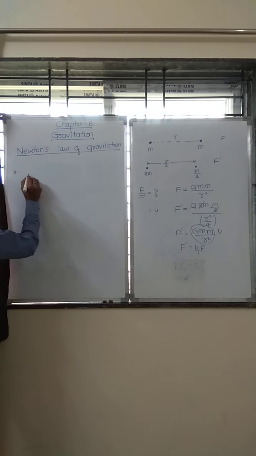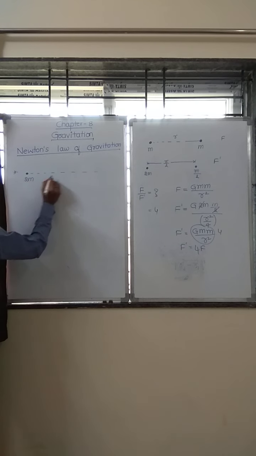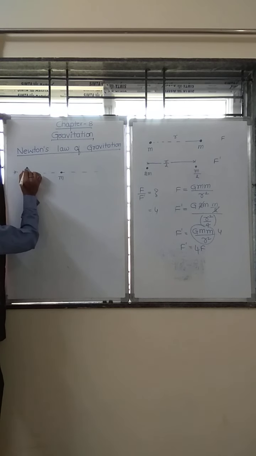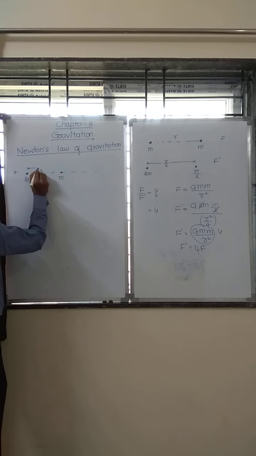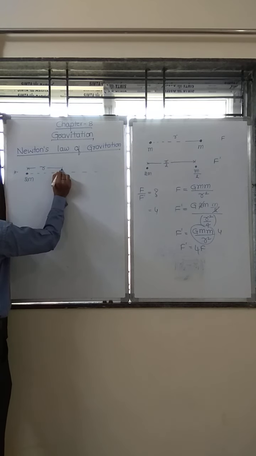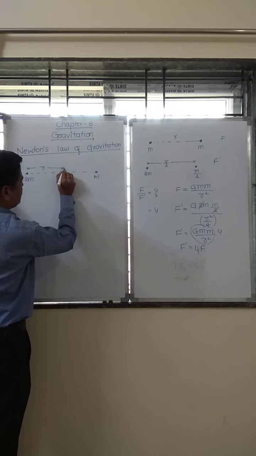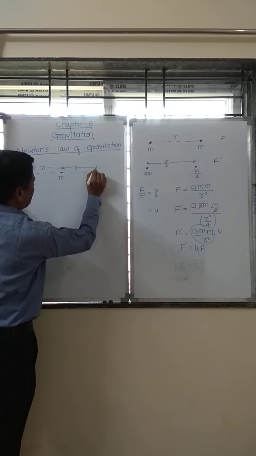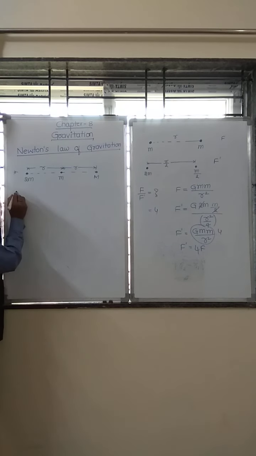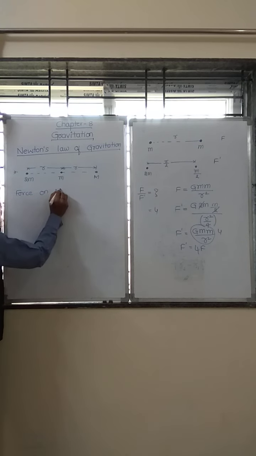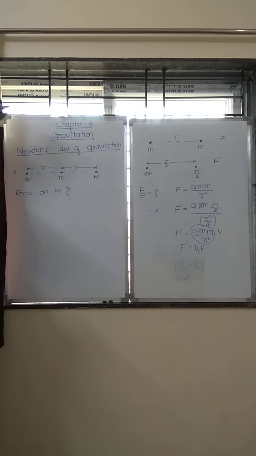Once again, here consider three masses, 2m and m, separated by distance, say r, and another mass capital M which is also placed at a distance r from here. Question: what is the force on capital M?